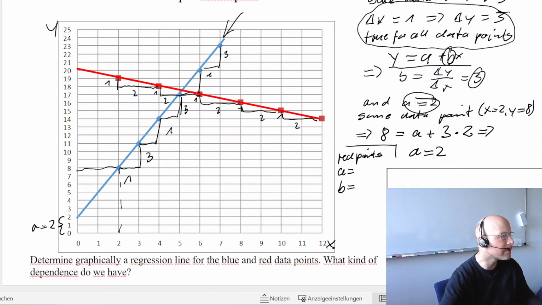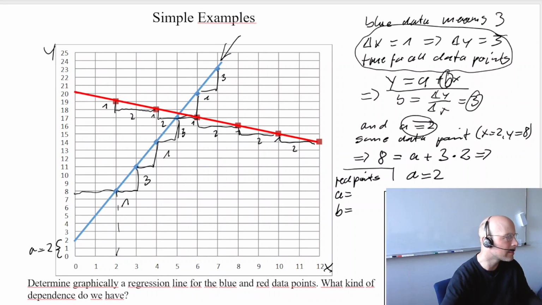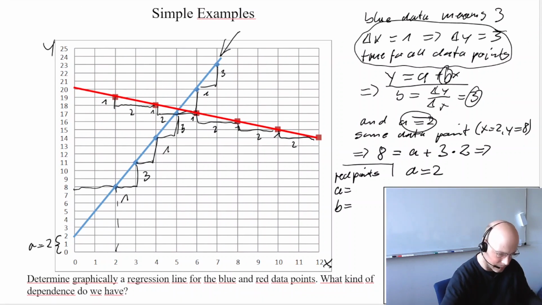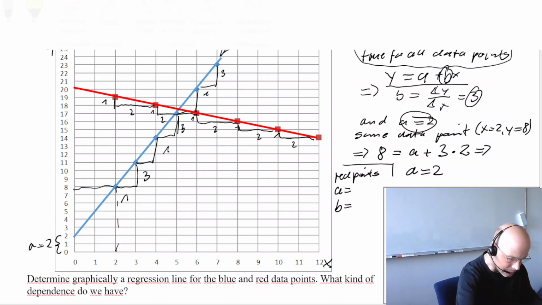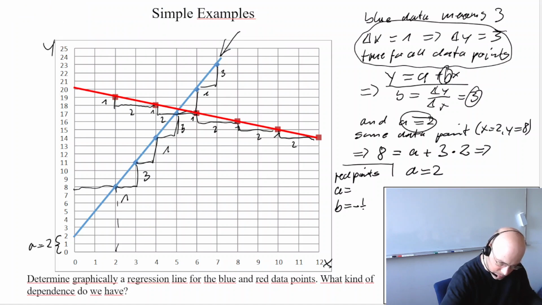So then I have to do this again. Back again. So, and here, so we have minus 1/2.